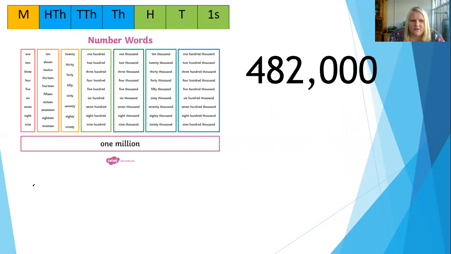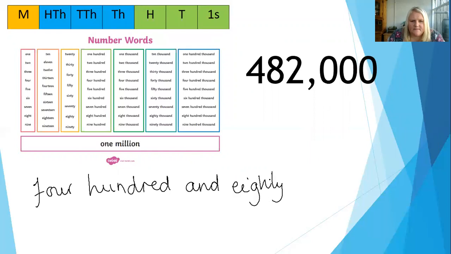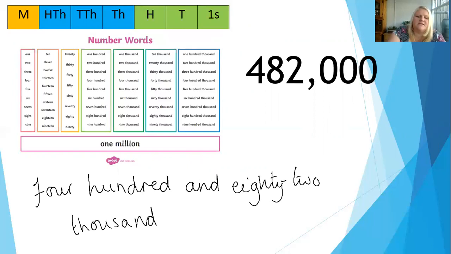Right, let's write that down. 400 and 82. I'm going to put it down here so I don't draw my face. Thousand. 482,000. I don't need to say anything about the rest. I've got 0 hundreds, 0 tens, 0 ones. That's fine. That number can just stay like that. 482,000. Well done if that's what you wrote down.